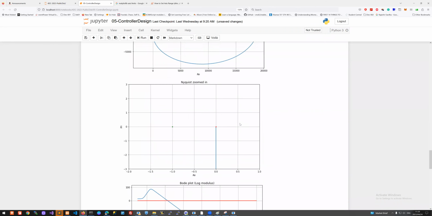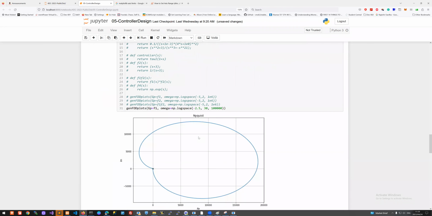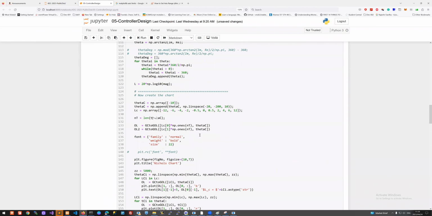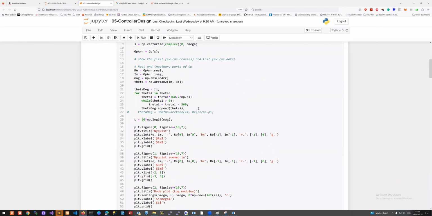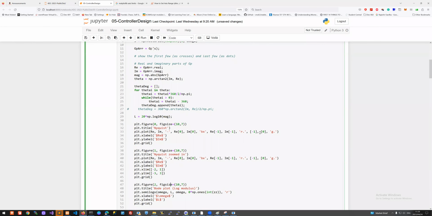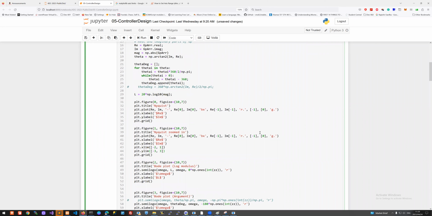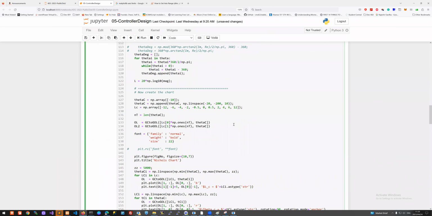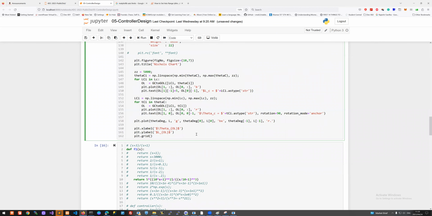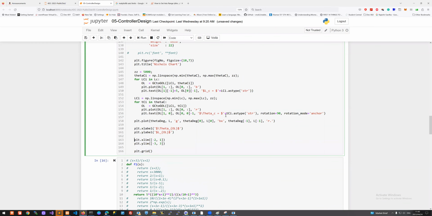I just want to correct this one quickly. You won't need this just yet. Nichols. So I think for my X limits, I want to go from 0 to minus 180.